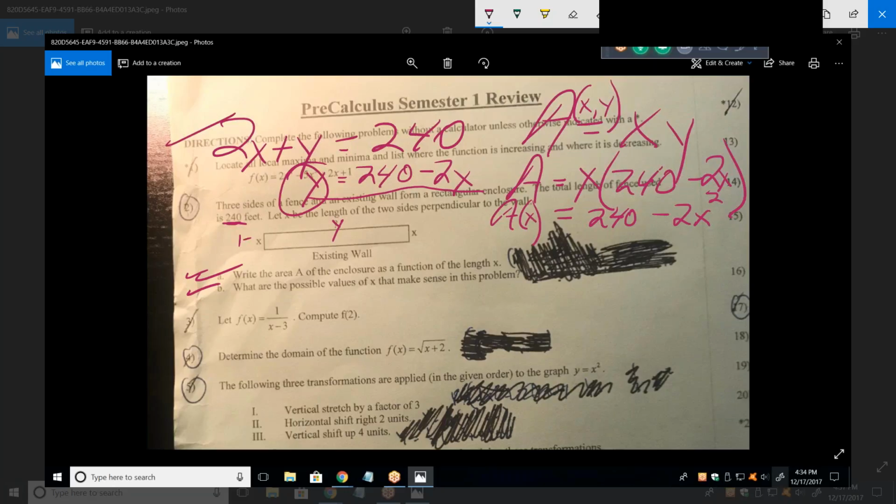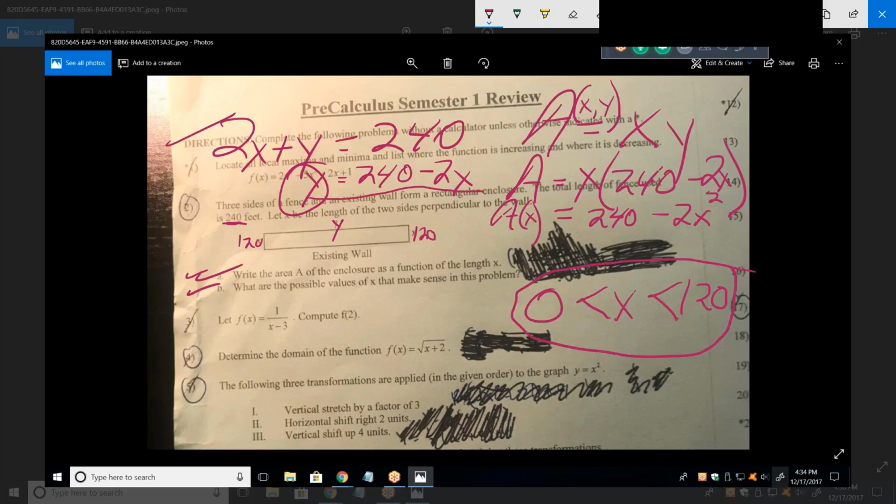If that is 120 and that is 120, we don't have any area at all because y is going to be 0. So x has to be less than 120, not even less than or equal, but less than 120, and it has to be greater than 0. So that's the effective domain.